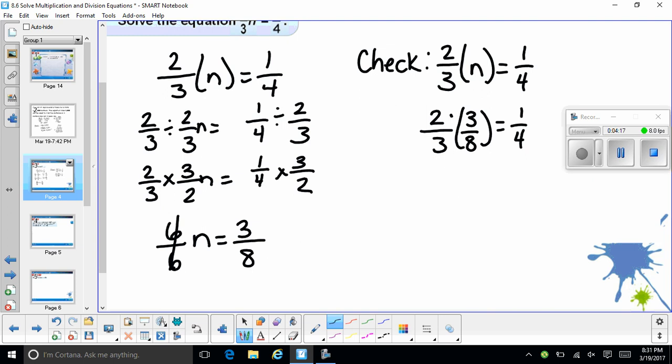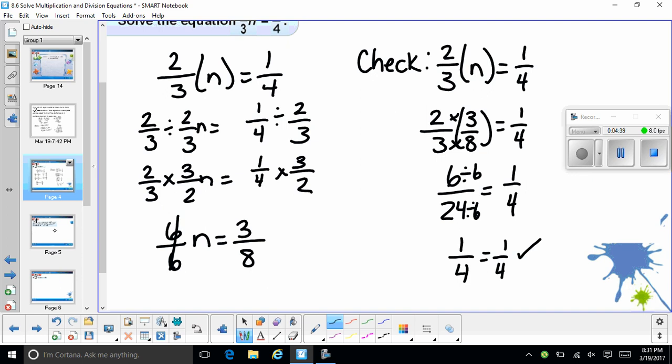So 2 times 3 equals 6. 3 times 8 equals 24. I then need to check to see if I can simplify my answer. And in this case, I know that I can divide each number by 6, and so that gives me 1/4. And my answer checks out.